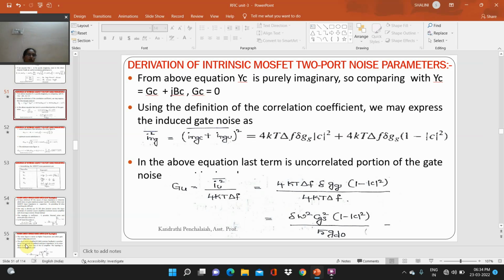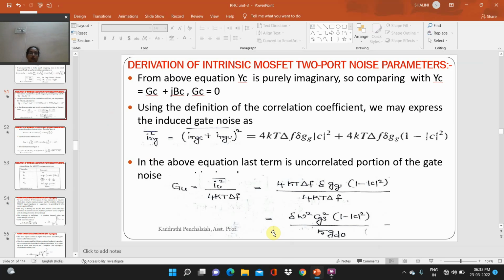Using the definition of the correlation coefficient, we may express the induced gate noise as i_ng squared equal to (i_ngc plus i_ngu) squared, which is 4kT delta F into delta Gg into mod c squared plus 4kT delta F into delta Gg into 1 minus mod c squared. In the above equation, the latter term is the uncorrelated portion of the gate noise.